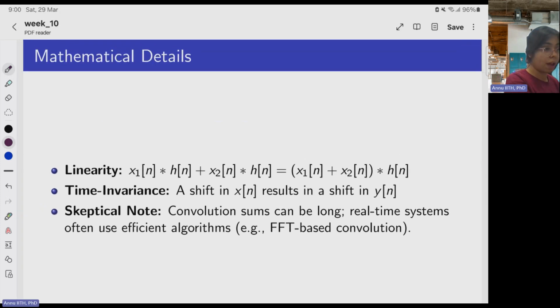Firstly, you have linearity, then time invariance. Just go through this.